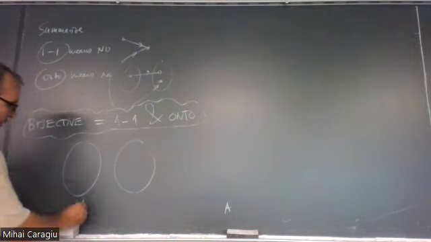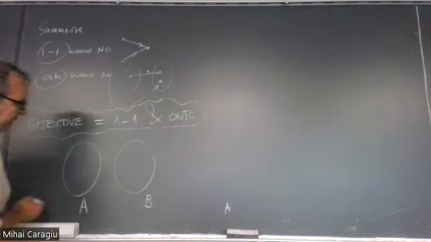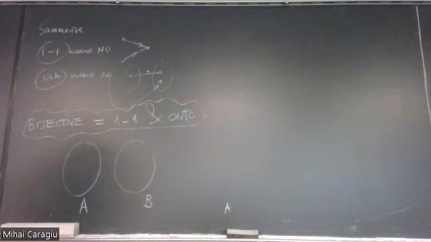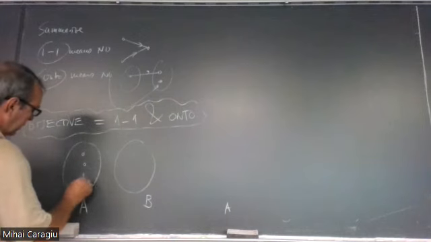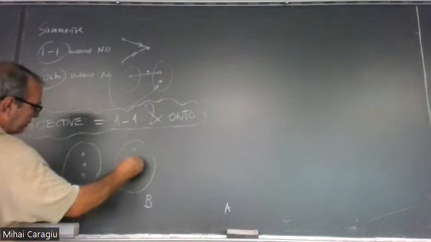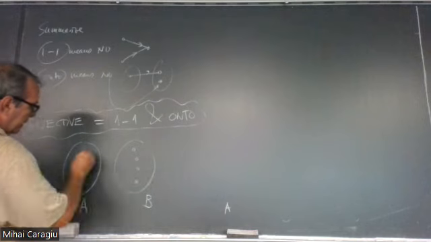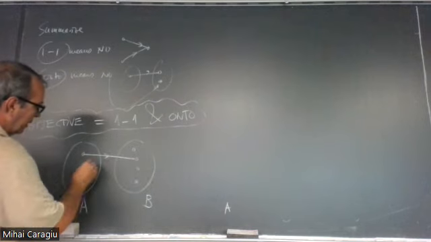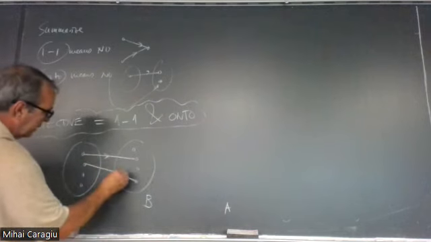As a rule of thumb, if you talk about finite sets, if a bijective function from a domain A to a codomain B exists, the number of elements in the domain must be the same as the number of elements in the codomain. So let's say we have 4 elements in the domain, 4 elements in the codomain, and this will be one-to-one and onto.